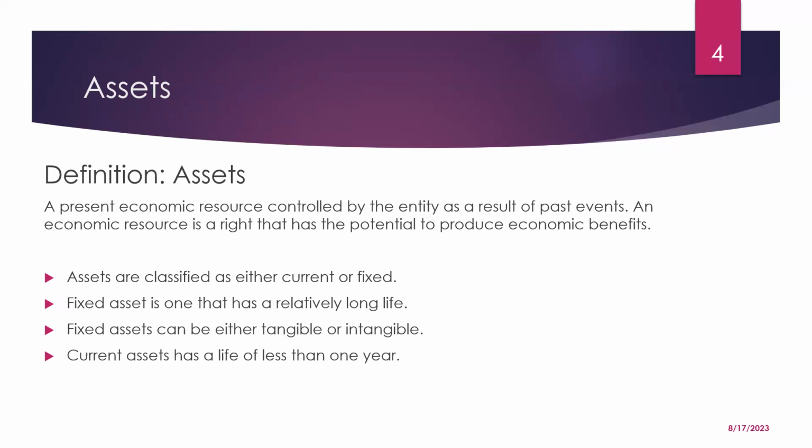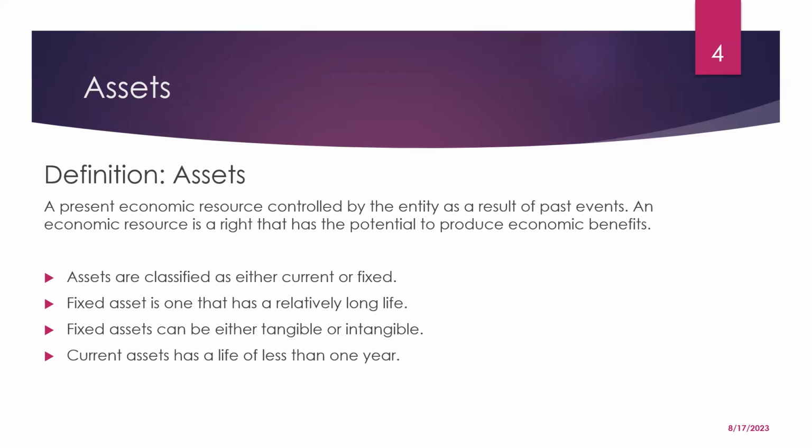That is because it is a present economic resource that is controlled by the entity as a result of a past event. And we can classify assets as either current or fixed. A fixed asset should have an economic life or lifespan longer than 1 year.